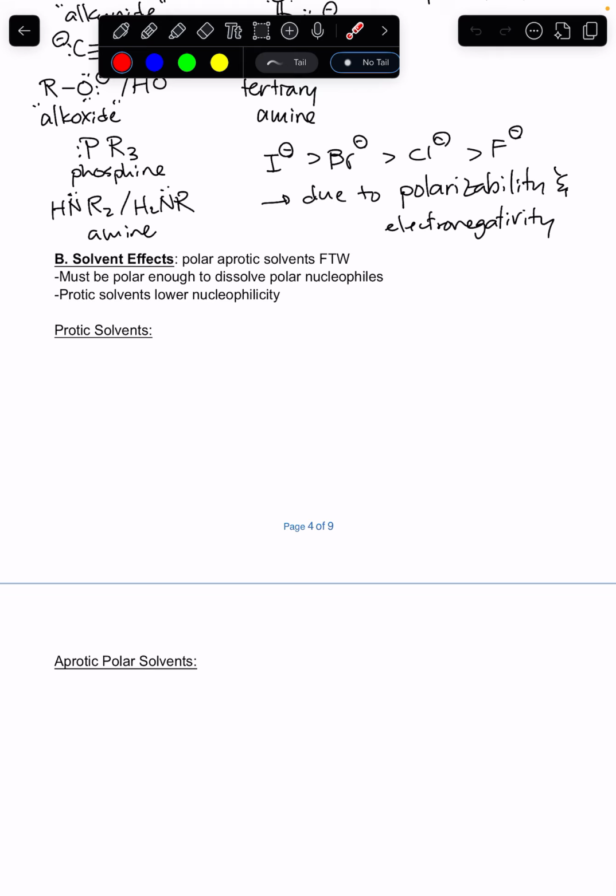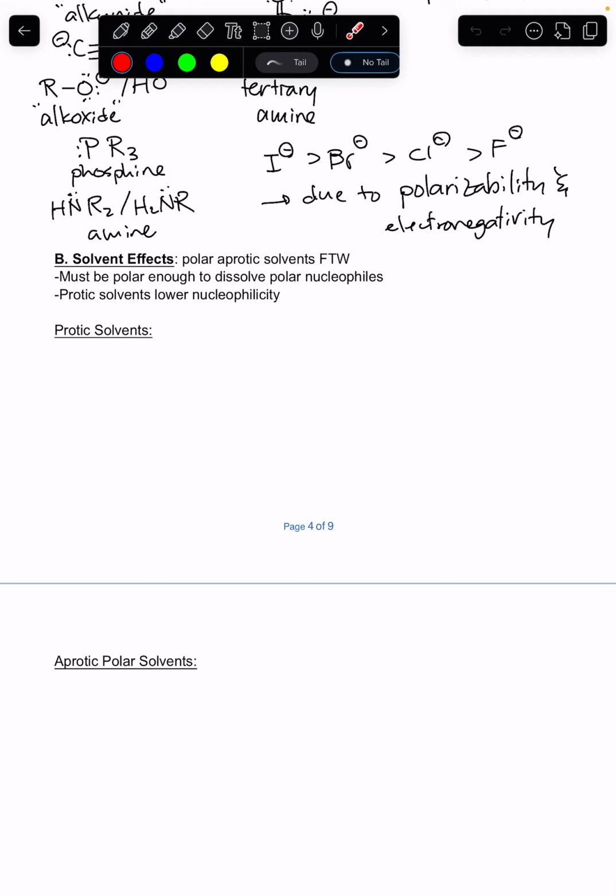Hopefully you could tell what we mean by the word polar, but what do we mean by aprotic? That A means like not, right? So not protic solvents, meaning that there's no protons that are easily taken off of the solvent. We'll look at examples, and then it'll probably be more clear.